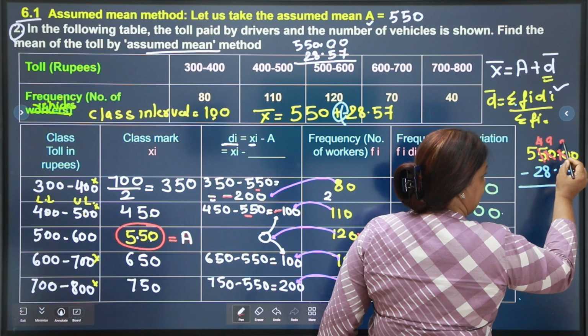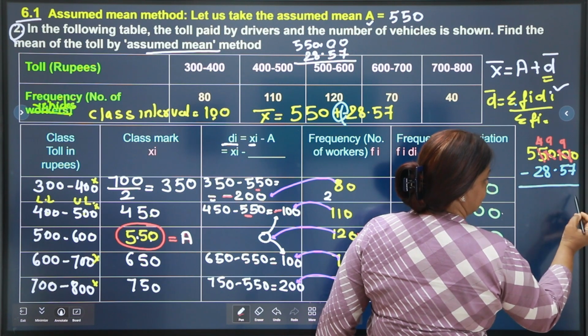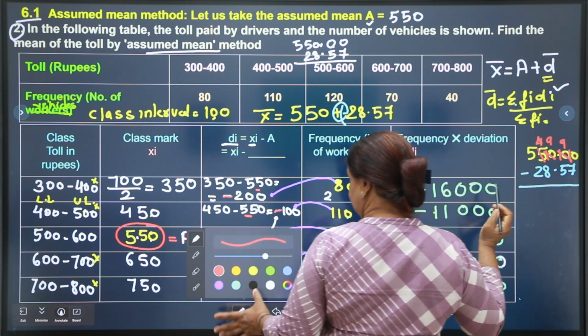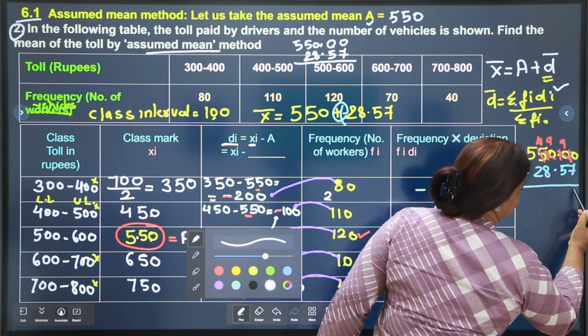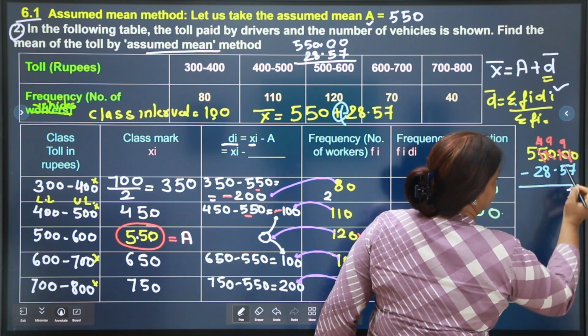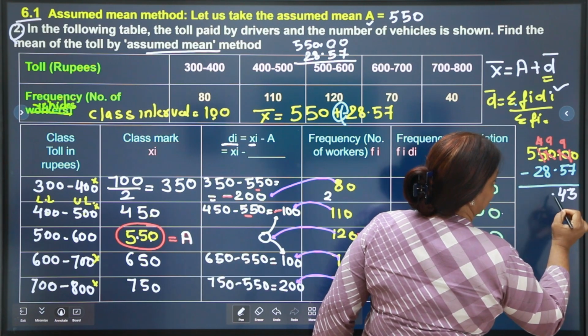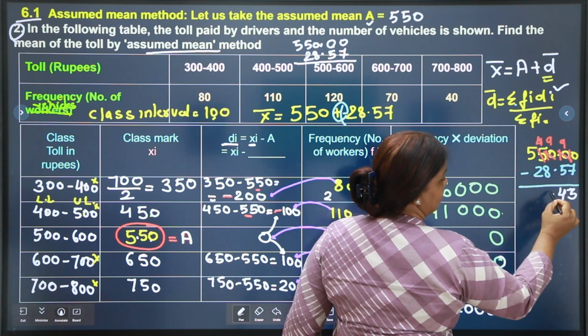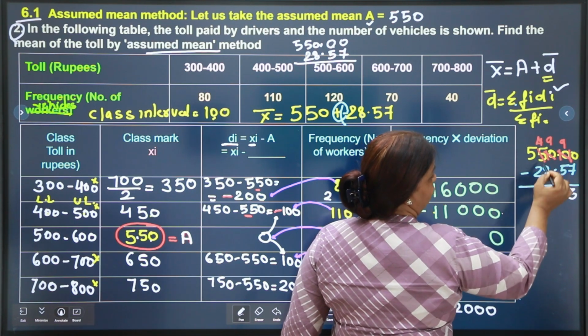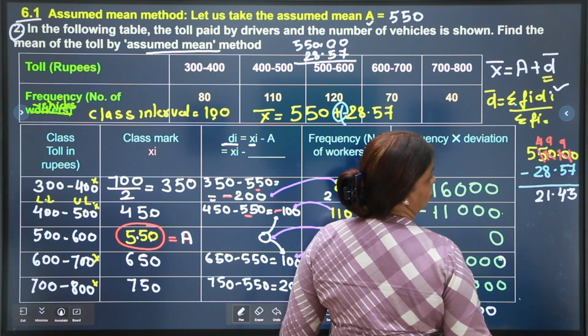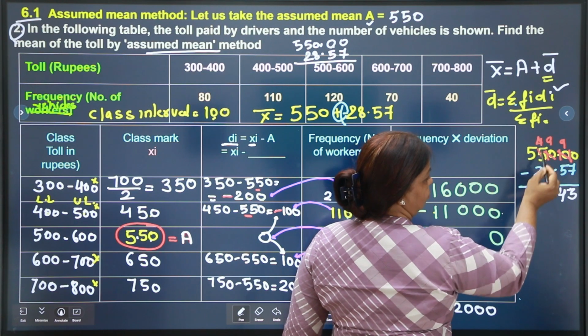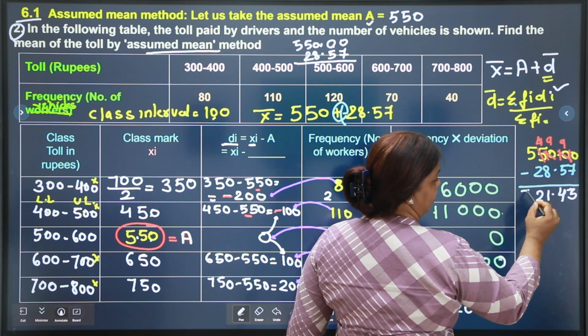Remaining is 9, this becomes 10. 10 minus 7 is 3. 9 minus 5 is 4. 9 minus 8 is 1. 4 minus 2 is 2. 4 was left now. 4 minus 2 is 2 and 521.